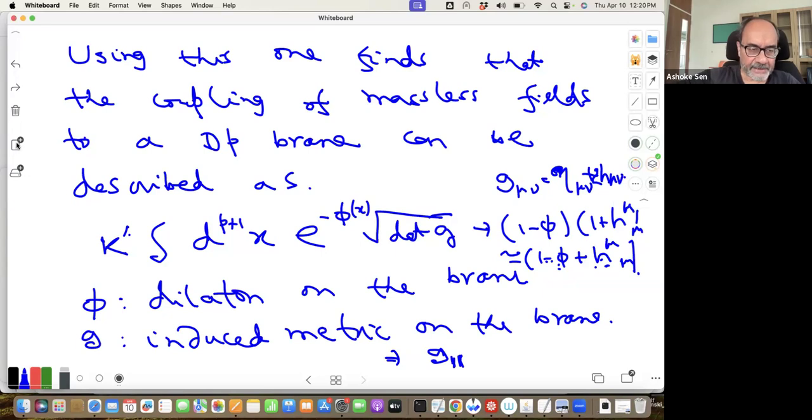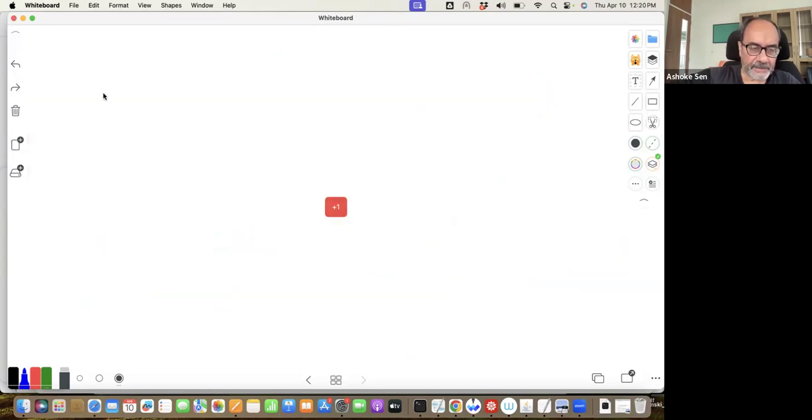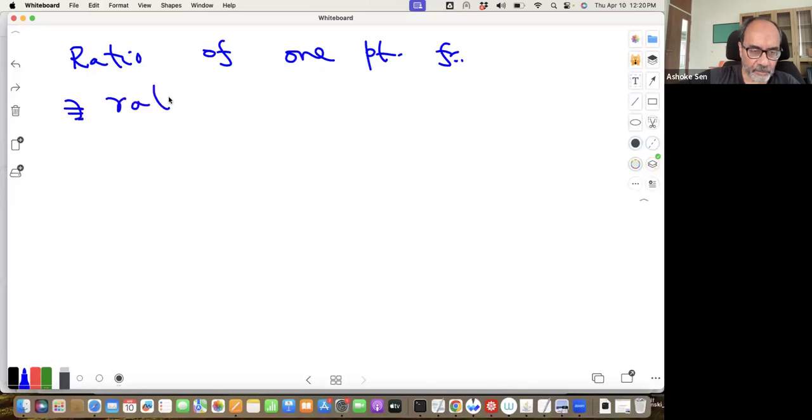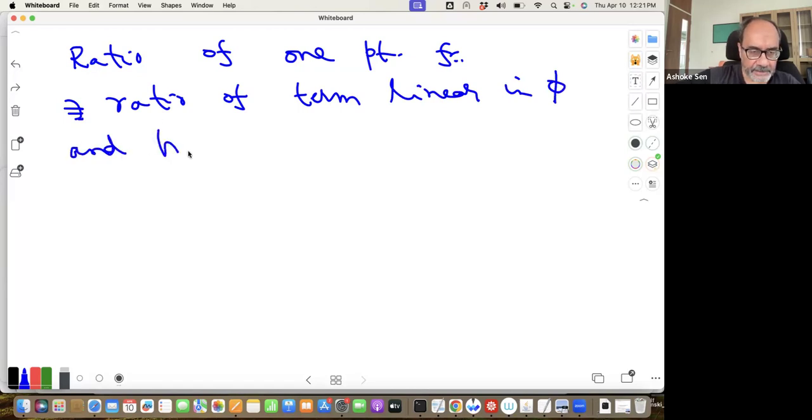Okay, so let me say it again, maybe. The ratio of 1-point functions gives you the ratio of terms linear in phi and h mu nu in the effective action.